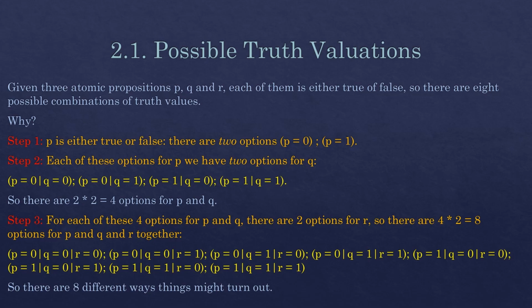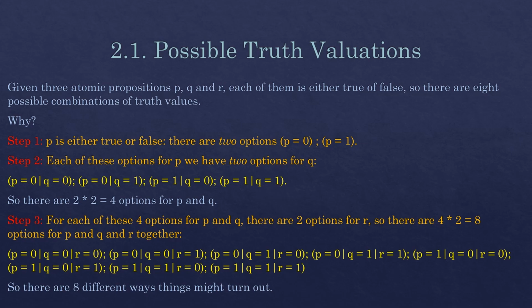Our next step is step 3. For each of these 4 options for P and Q, there are 2 options for R. So there are 8 options for P, Q and R together. The mathematical operation is 4 times 2, which gives us 8 options.